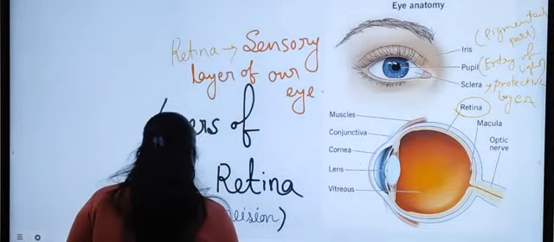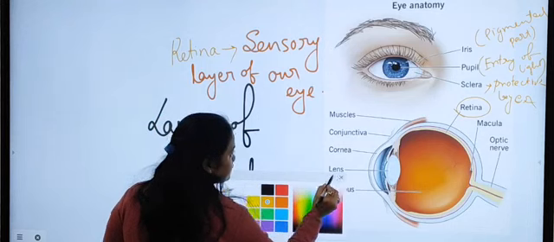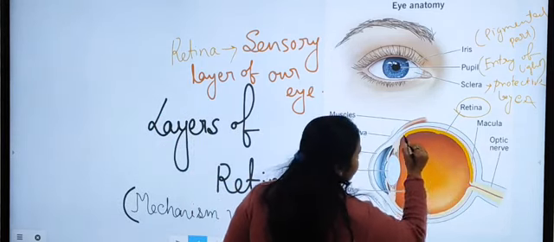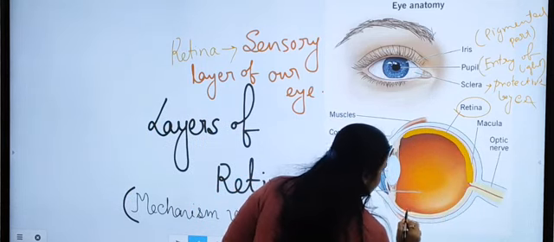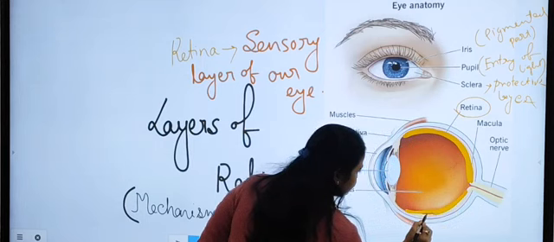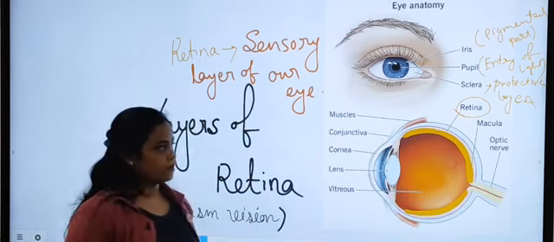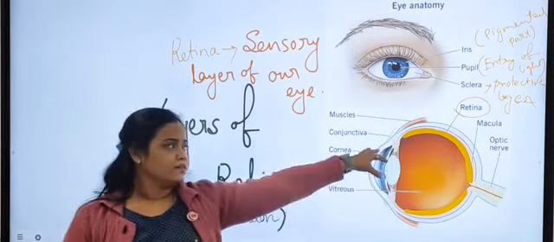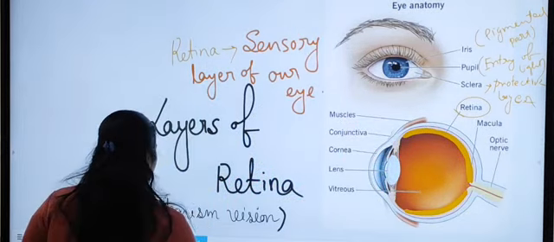If I draw it here, then I can get this particular structure, which is known as the retina. Before I enter inside the retina, let's just recall the other layers of the eye.